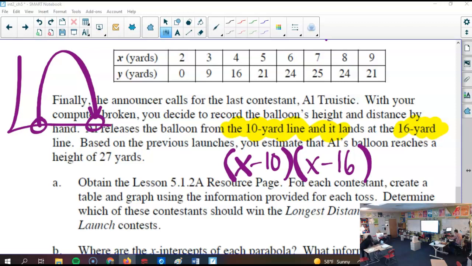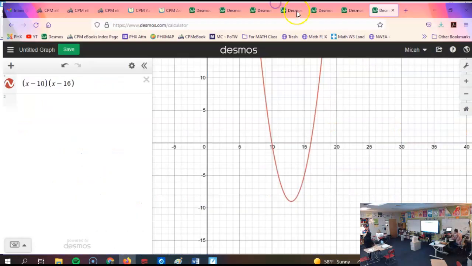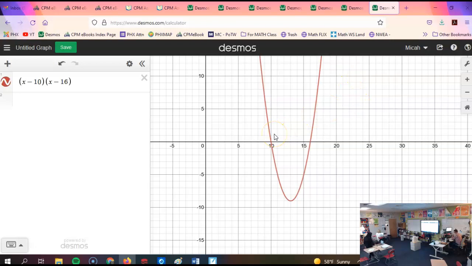Wait, what? Perfect. I did it. But wait, which one? One of the constants has to be positive and one of the x's has to be negative.